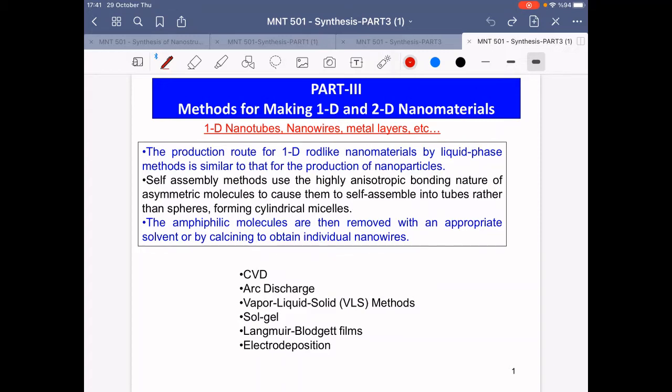And the amphiphilic molecules, which you all should know what they mean by now, are then removed with an appropriate solvent or by calcining to obtain individual nanowires. So this was an example to obtain the 1D materials by liquid phase synthesis method.